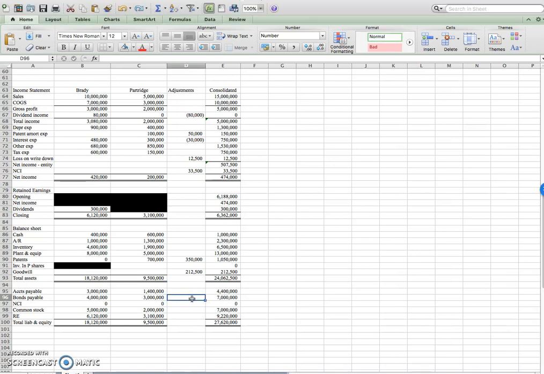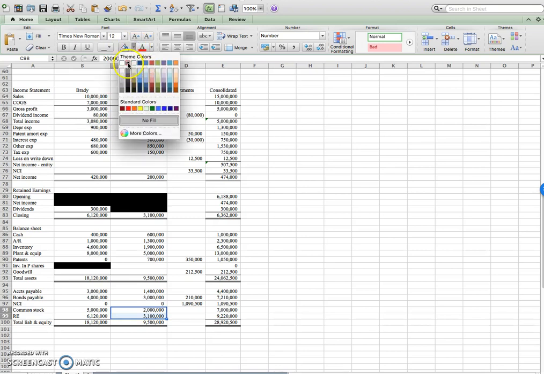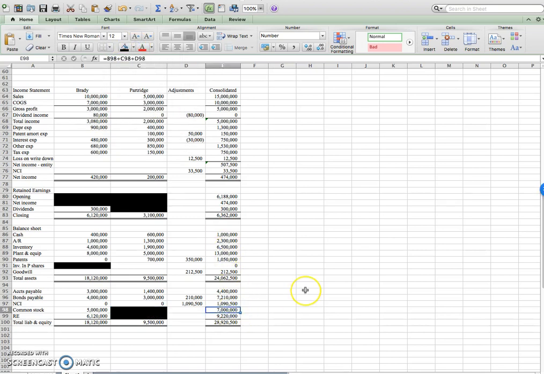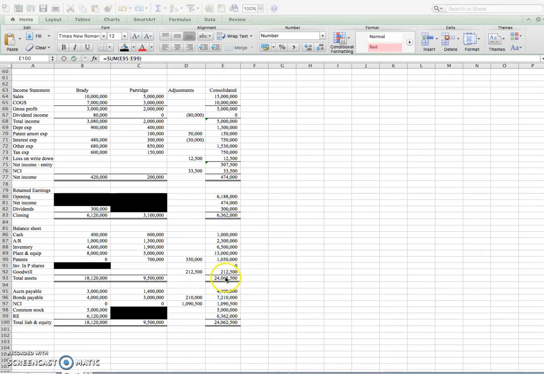The next line item will be the 210,000 for the bonds payable, and also the non-controlling interest of 10,500. Common stock and retained earnings will not be present, so we just want to black those out. And instead we're going to be using our common stock now just of the parent and our retained earnings as we calculated above. So that's it, folks. We have a reconciled consolidated statement per the cost method.